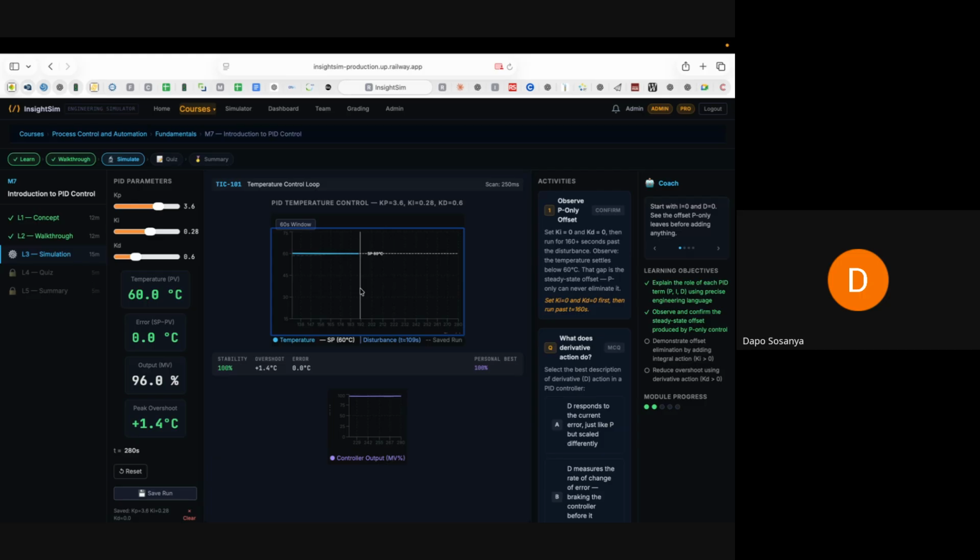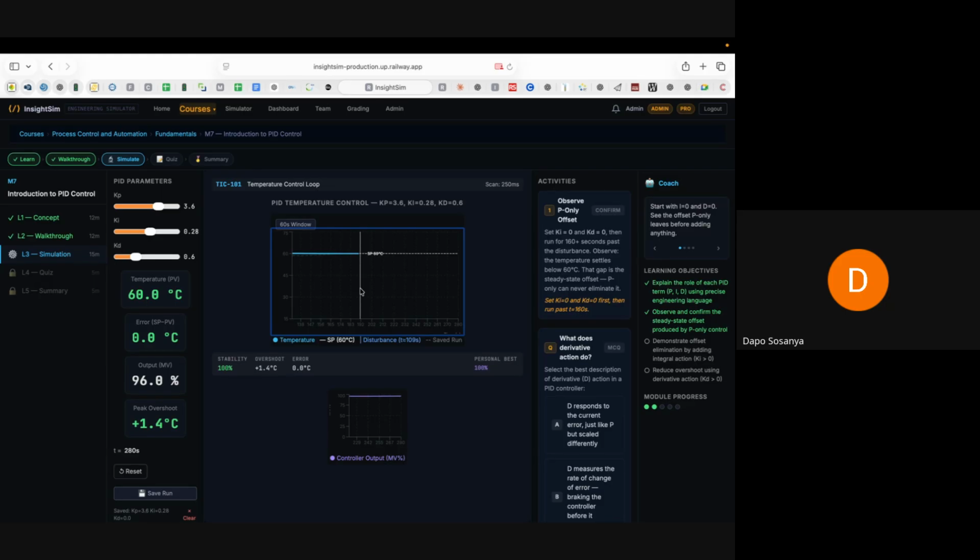So the integral will eventually bring it to set point or to stability also, but it takes more time. The derivative reduces the time to attain steady state. Do you understand the difference between the function of the integral and the derivative terms?